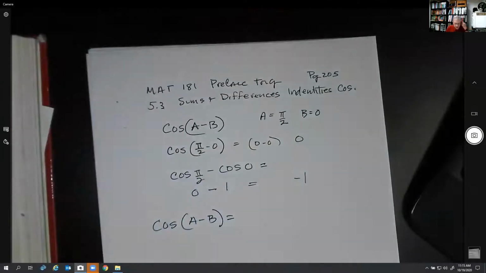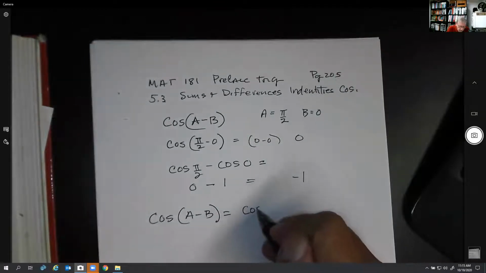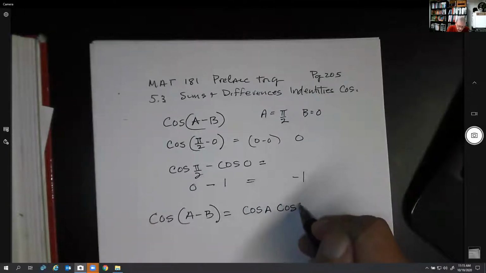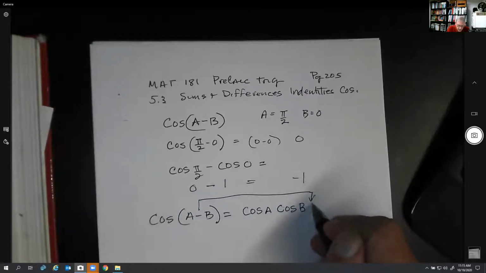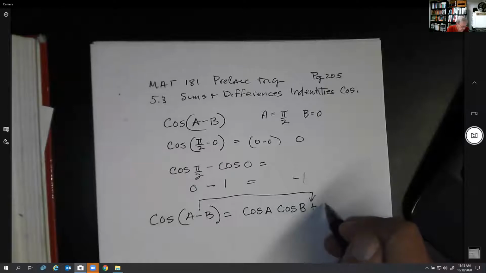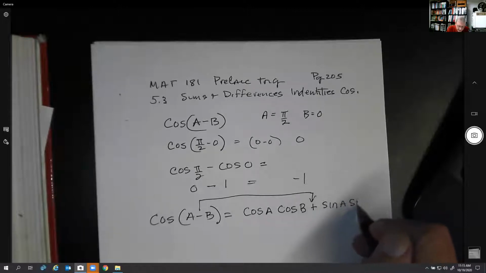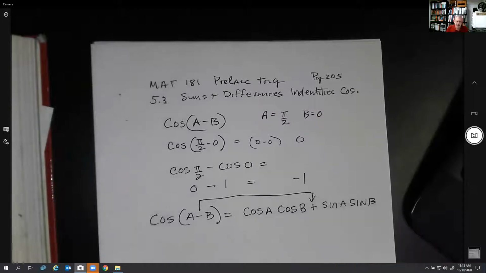You want to jot this down. The cosine of A minus B is the cosine of A times the cosine of B, then we write the opposite sign here, plus, sine of A, sine of B. Cosine, sine, sine.